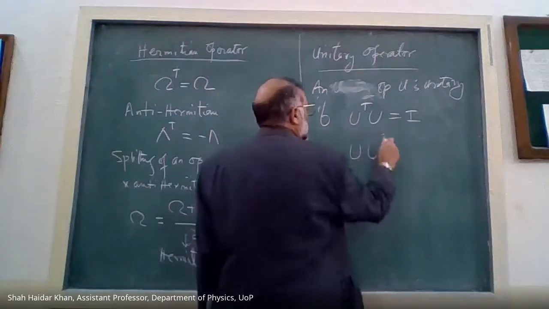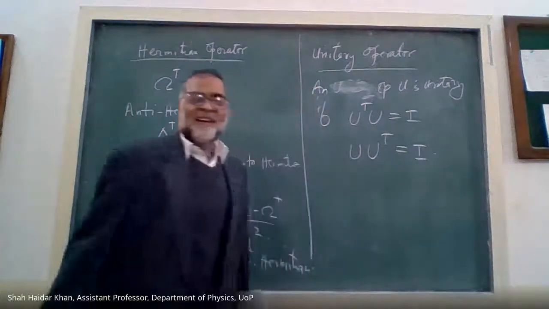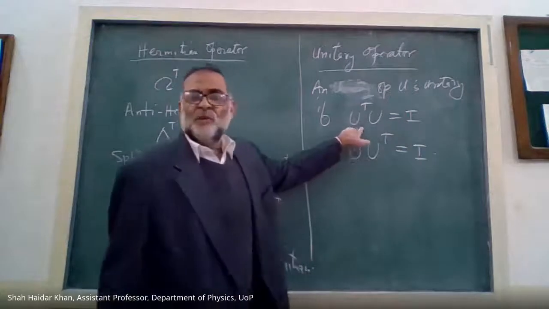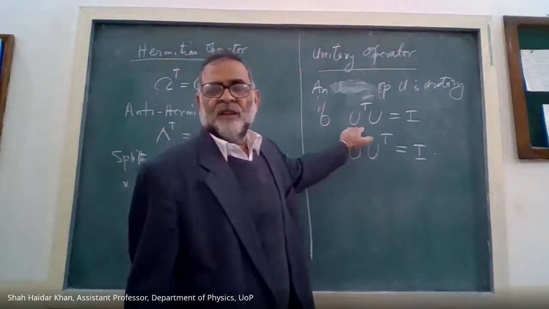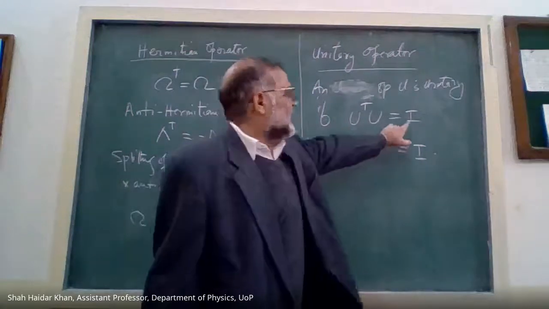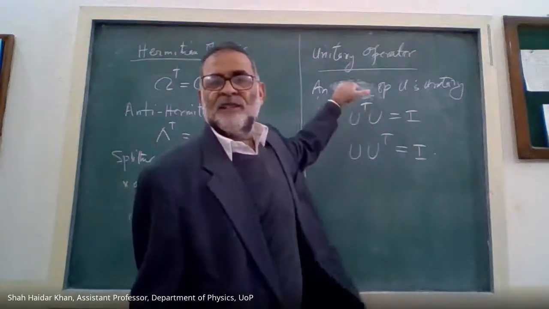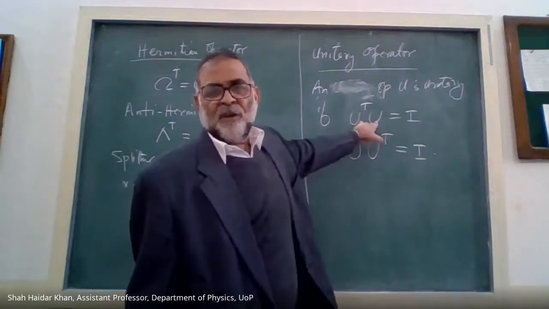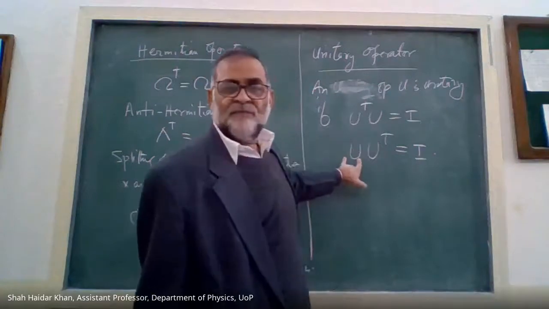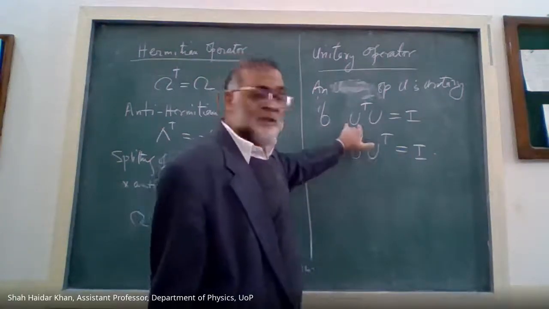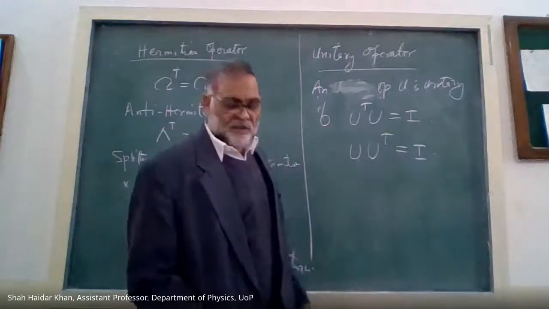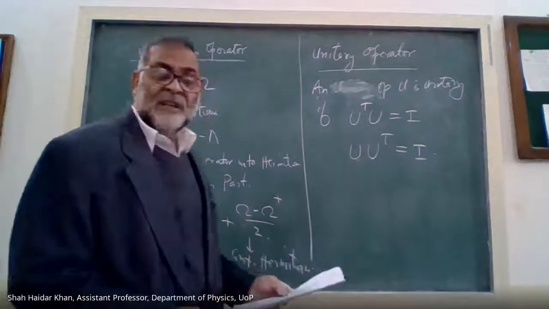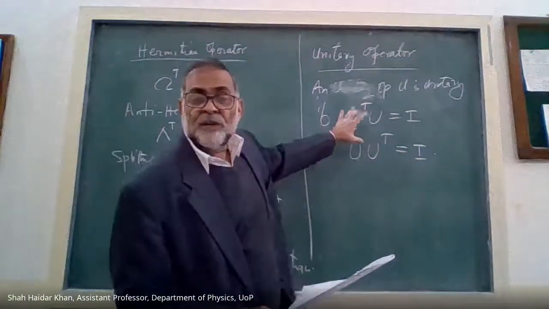Similarly, U U dagger is equal to I. The order does not matter: it could be this first and this second, or the other way, but you get the identity operator. Then the operator is unitary.